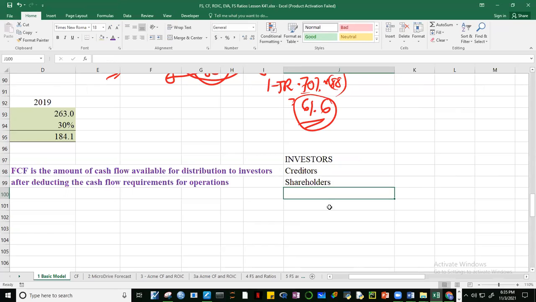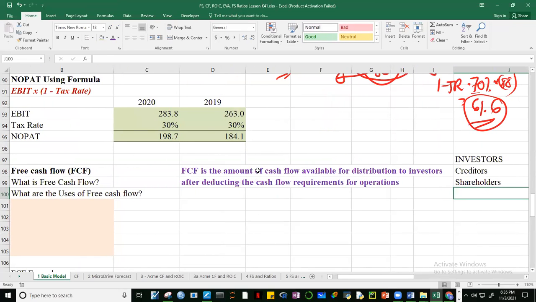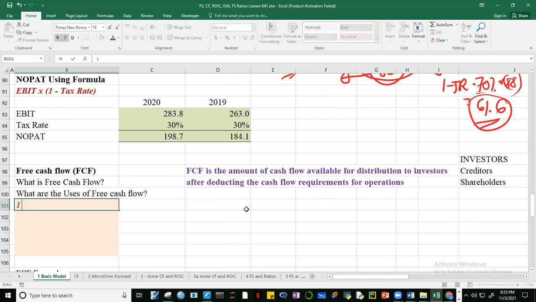So those are our investors. Free cash flow is the amount of cash flow that can be used to distribute to investors, either creditors or shareholders, after we have set aside the cash flow requirements for operations. Siyempre, mauuna yung operations, no?